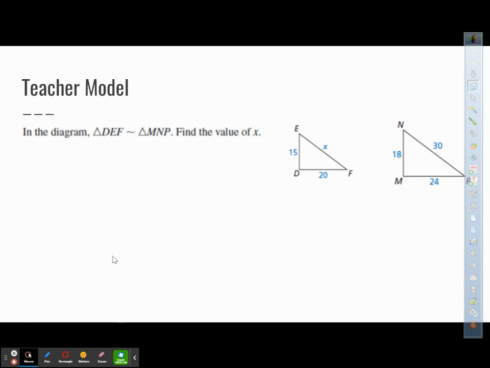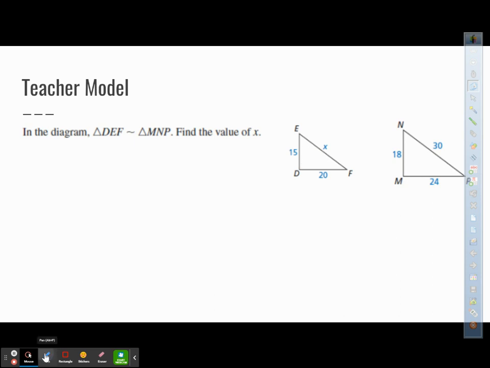So if I do this over this, my second ratio has to be this one over this one. You've got to use the same triangle on top. So if you put triangle DEF on top in the beginning, you have to do it on the second one.